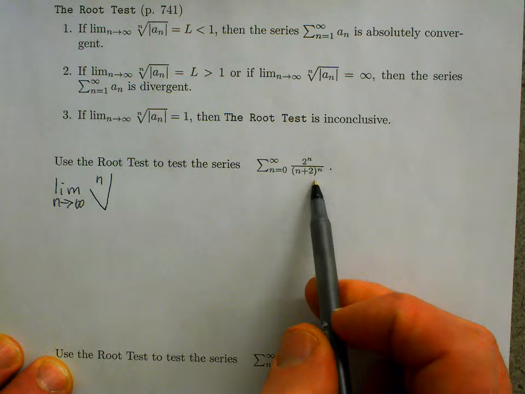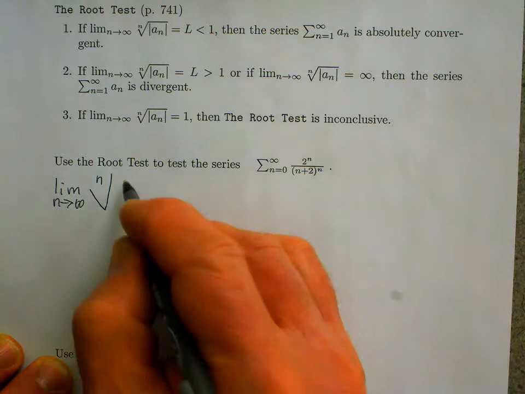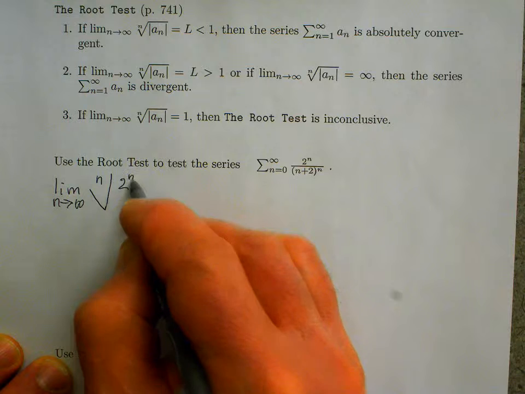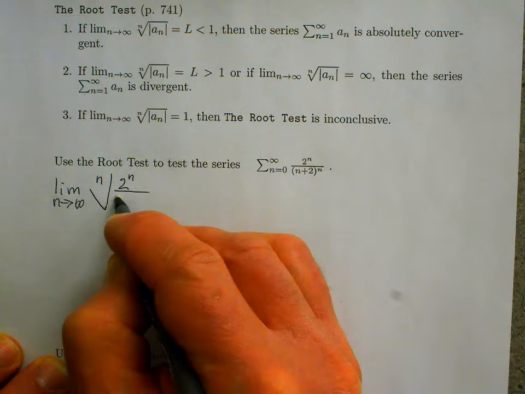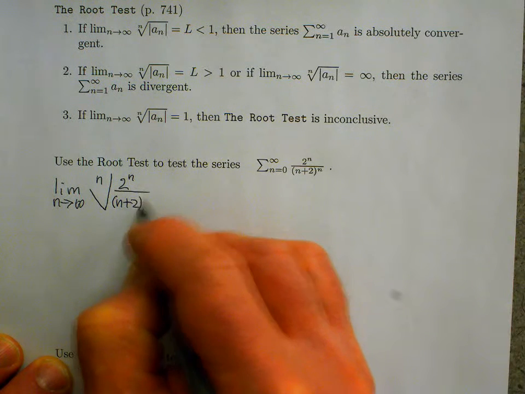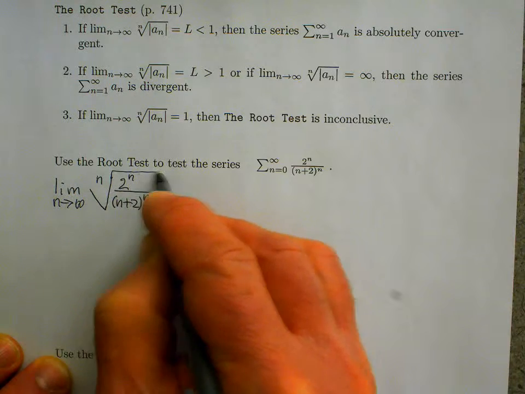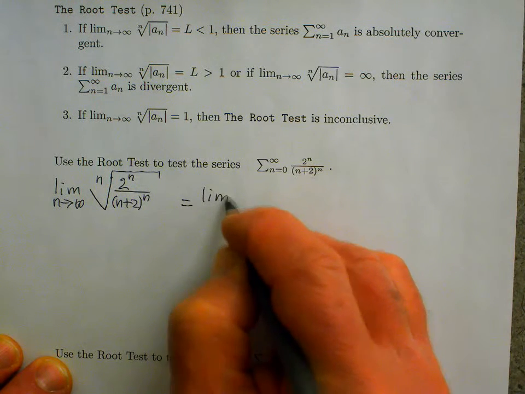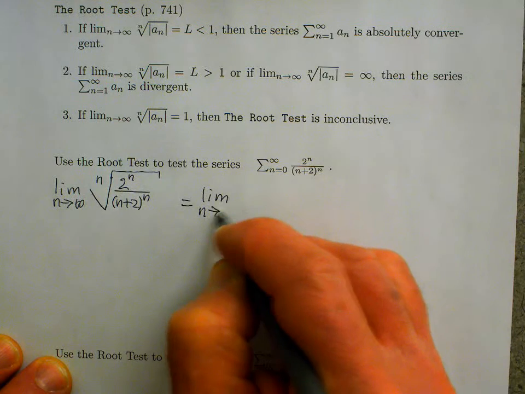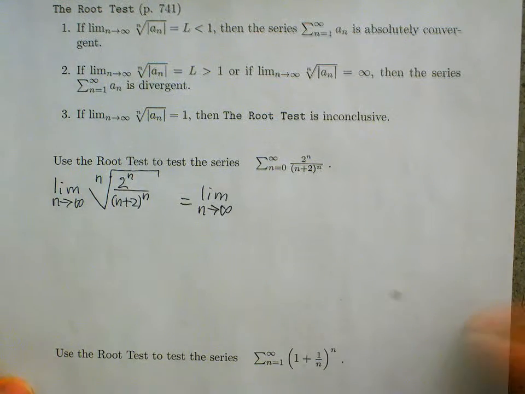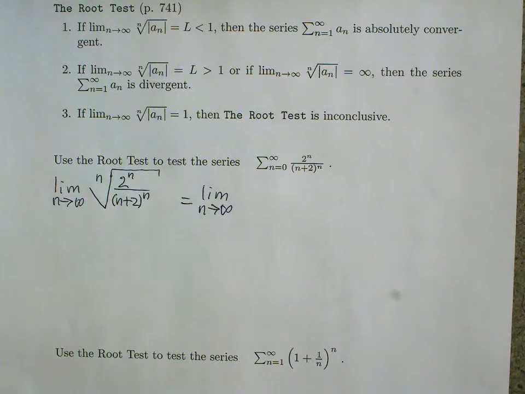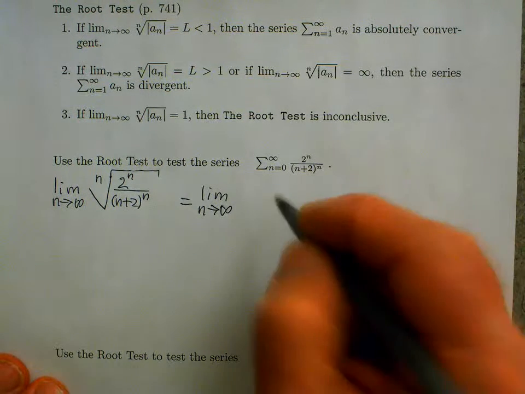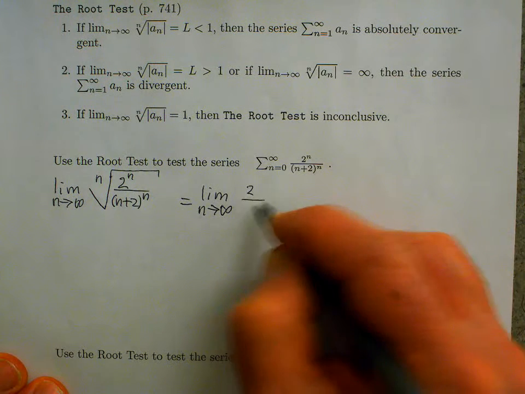We don't need to put absolute value symbols around them. So the nth root of 2 to the n over the quantity n plus 2 to the n. Okay, when we take the nth root of 2 to the n over n plus 2 to the n, we're just going to get 2 over n plus 2.